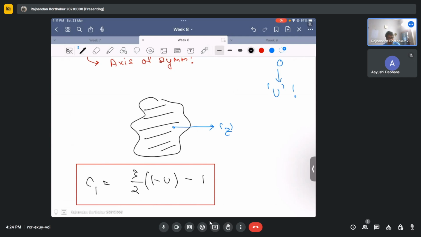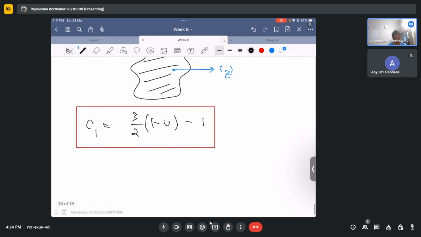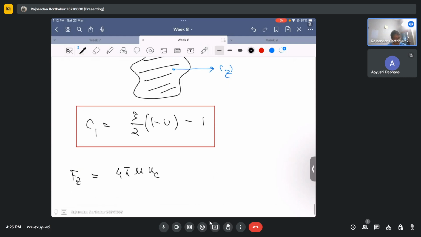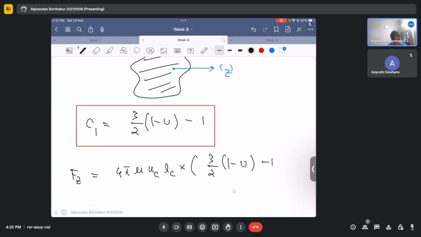So this means that now the drag force Fd, or we will write it as Fz, because this is the drag force in the direction of the axis of symmetry, is 4 pi mu, where mu is the viscosity, times the characteristic velocity uc times lc, the length scale, times c1, and c1 is nothing but 3 by 2 times (1 minus u), minus 1.